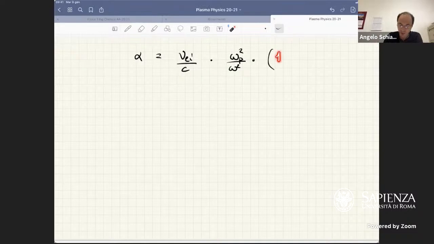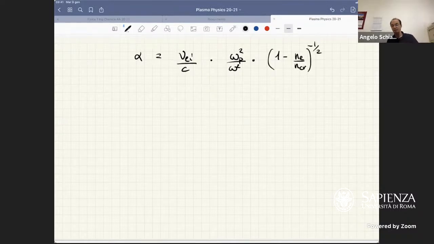So we can rewrite it as 1 minus n_e, the density of electrons, divided by the critical density for the laser, everything to the minus 1/2. So this corresponds to 1 over the square root of that term.